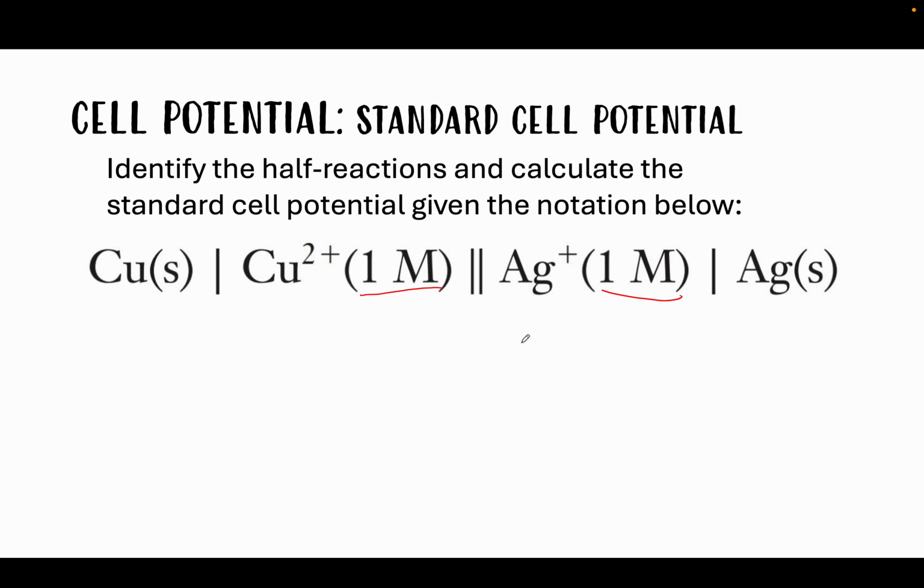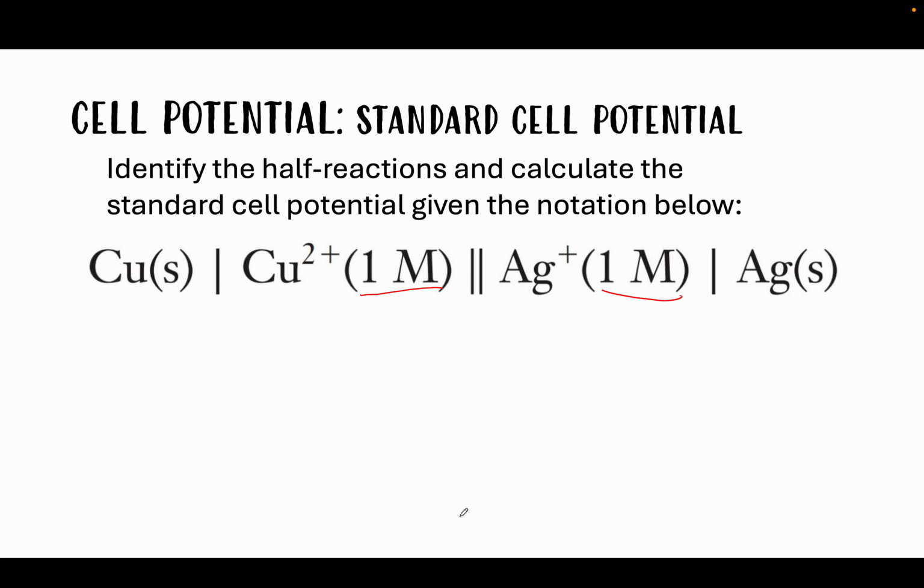So this fits the criteria. And then we're given here the galvanic cell notation, wherein at the left we have the anode where oxidation occurs, and at the right the cathode where reduction occurs.